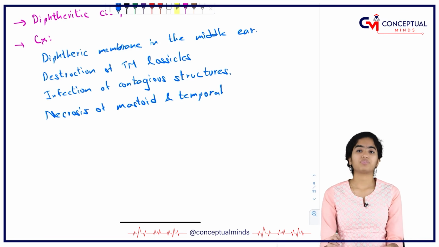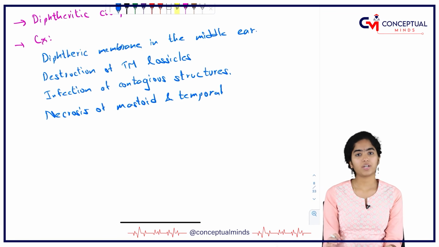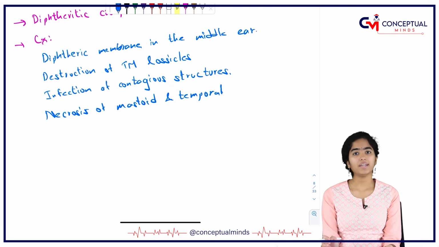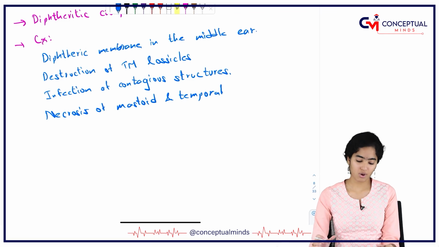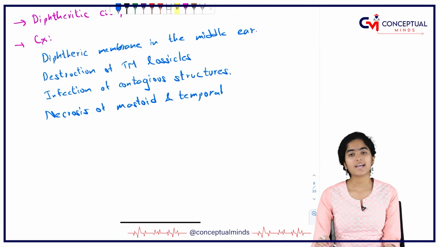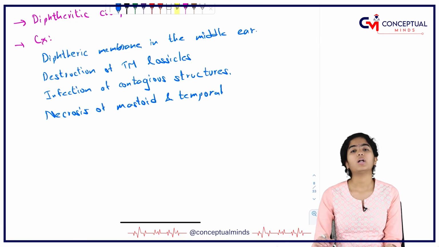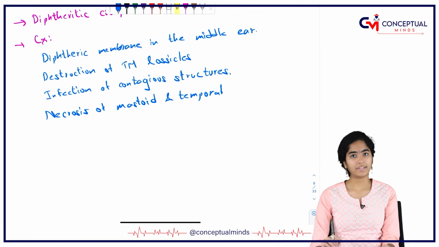Now, treatment of diphtheritic otitis media is by giving antibiotics, steroids and anti-diphtheria serum. It's usually conservatively managed. But for the necrosis of bones, if at all that occurs, surgical treatment is required to remove the necrotic tissue and debris.